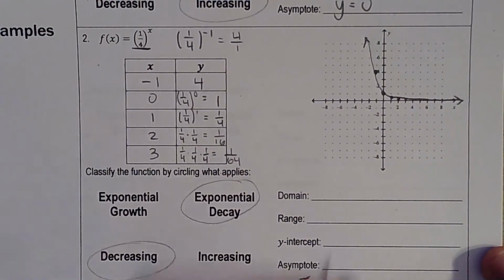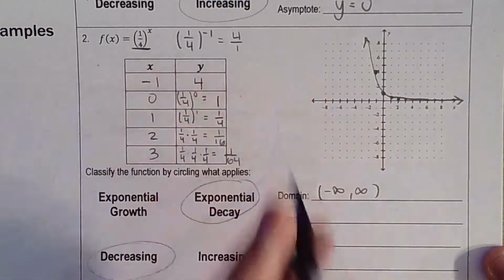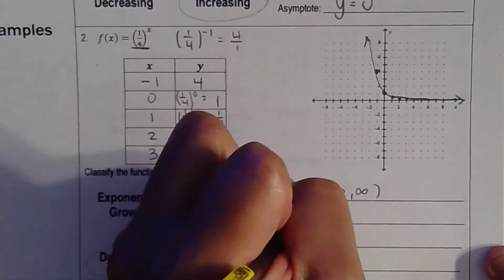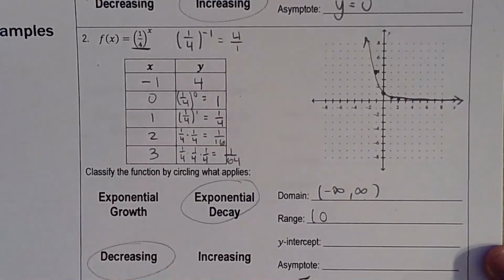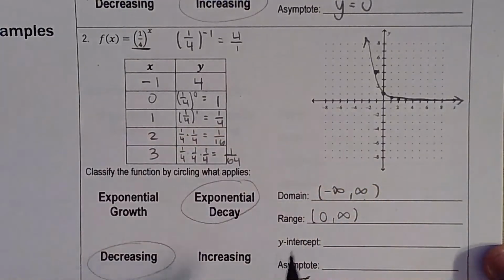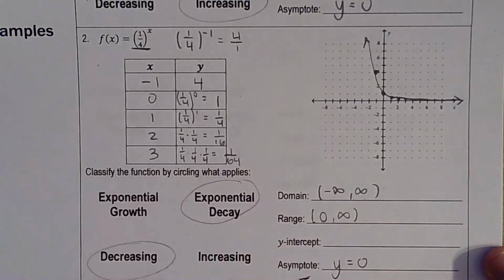All right, so the domain, negative infinity, comma, infinity. Furthest left our graph goes, the furthest right our graph goes. All right, the range. What's the range of our graph? Well, the bottom, which is 0, all the way to the top, which is positive infinity. So why is our range 0? Because remember our asymptote. Our asymptote is y is equal to 0, right?